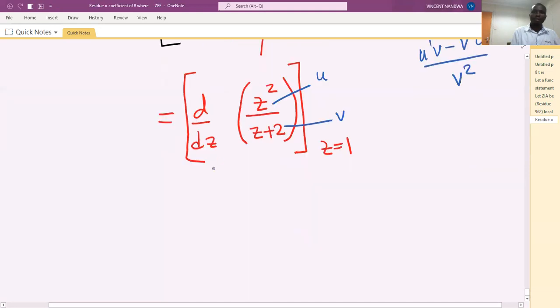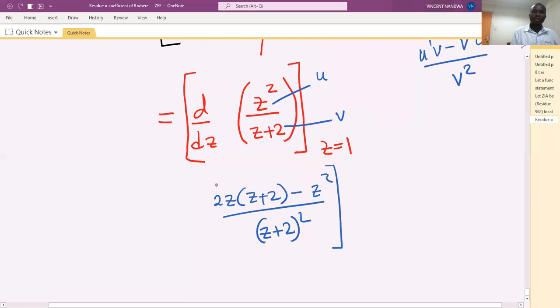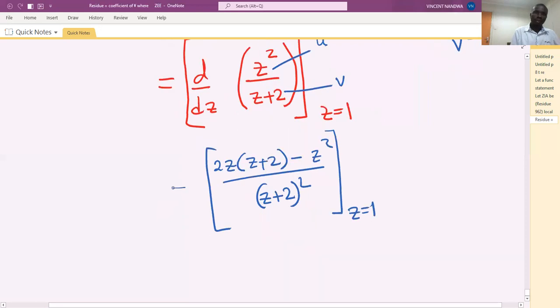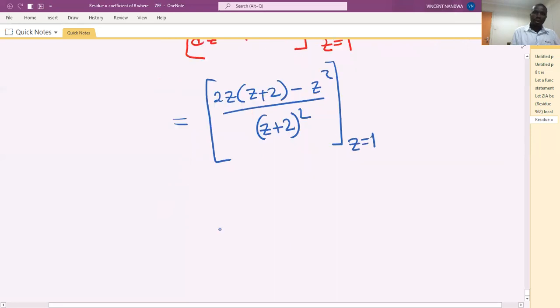Differentiating this one, you get 2z multiplied by z plus 2, minus the derivative of v, which is 1, so that would be just z squared, over z plus 2 squared. And then we evaluate this at z equals 1, so replace z by 1. So we'll have 2 times 1 times 1 plus 2 minus 1 squared, over 1 plus 2 squared.